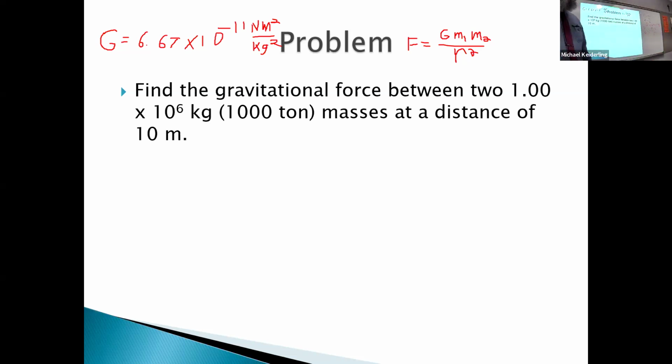Well, you can type it out, but it's faster to type it in scientific notation like that. There's a scientific notation button on most calculators. On the TIs, it's an EE button.